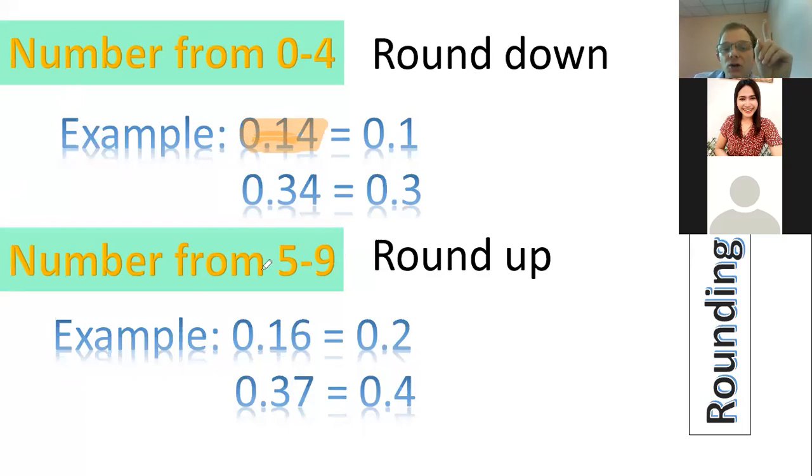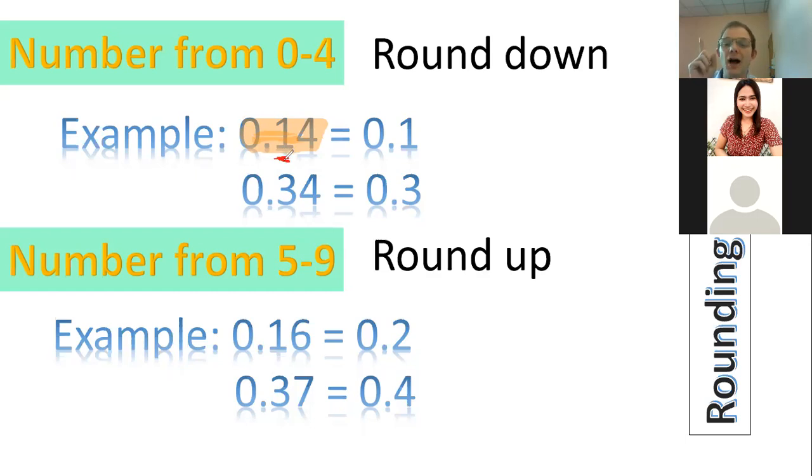Now, if we want to round to the nearest tenth, we round to the first number to the right-hand side of the decimal. And what is the first number? It is 1.